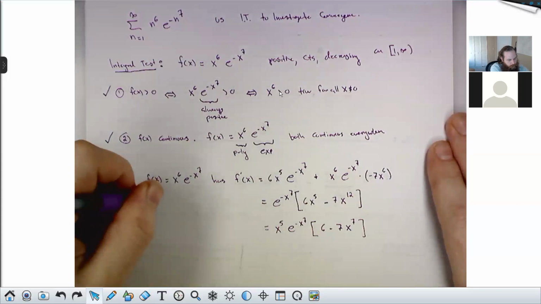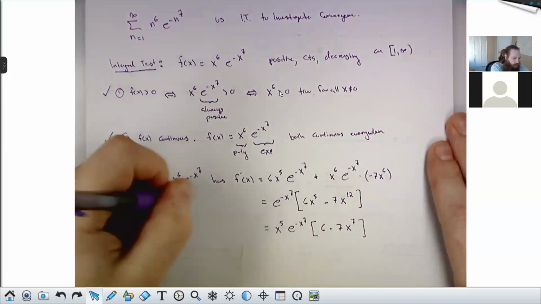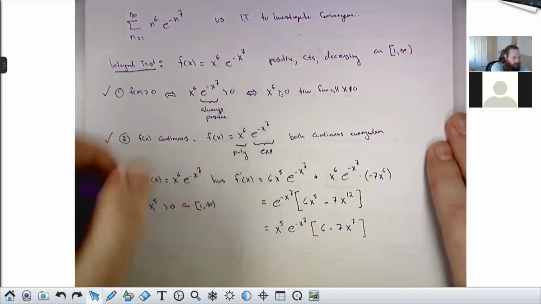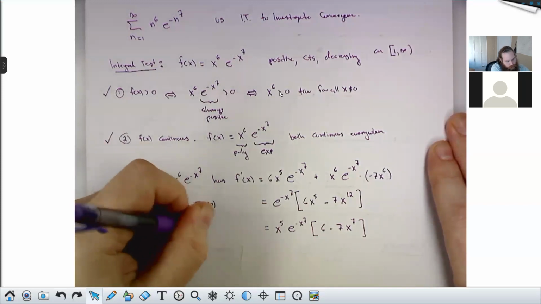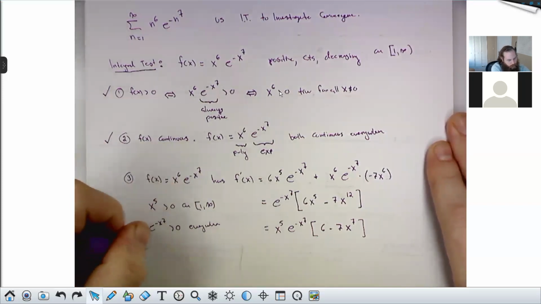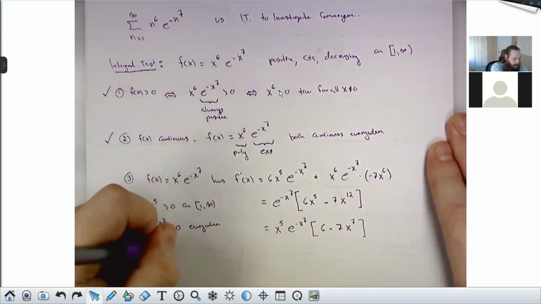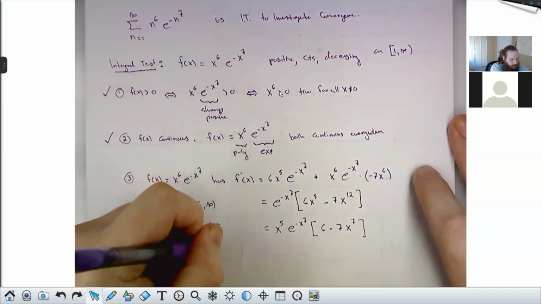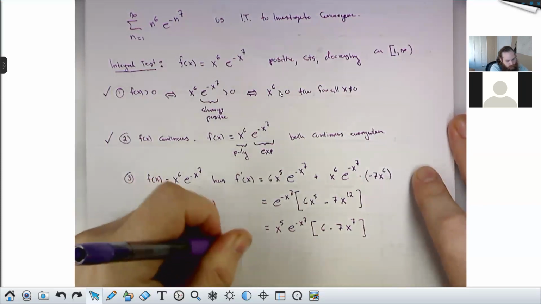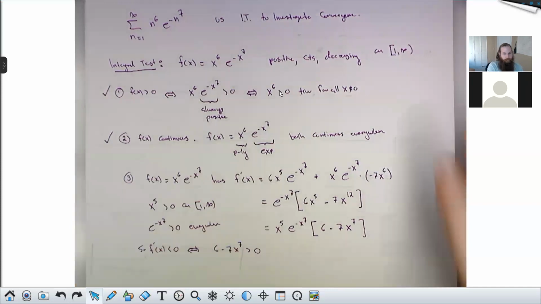So x to the 5 is greater than 0 on 1 to infinity. e to the negative x to the 7 is greater than 0 everywhere. So f prime of x will be less than 0 if and only if the bracketed stuff is less than 0. 6 minus 7x to the 7 is less than 0. 6 minus 7x to the 7, that's a polynomial with an odd degree and a negative lead coefficient.